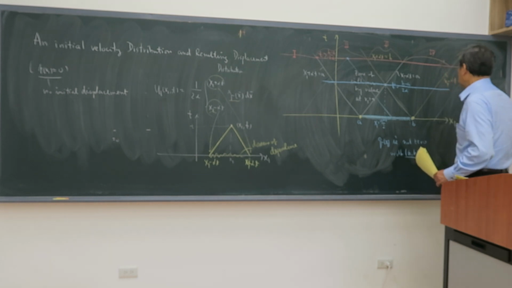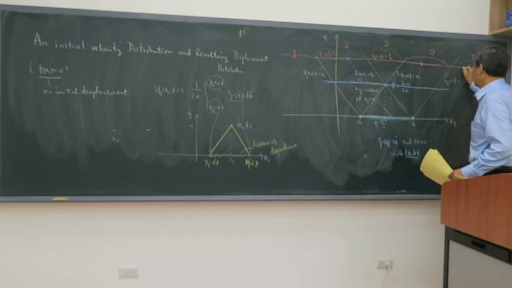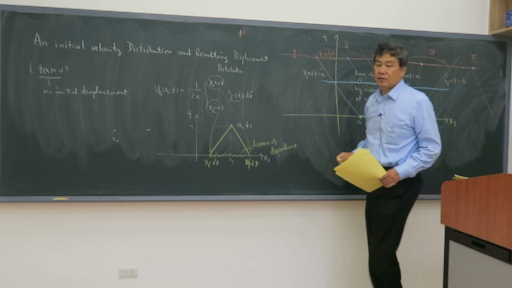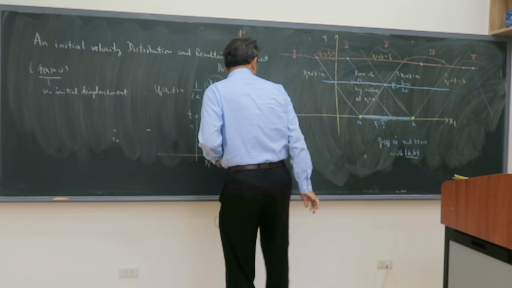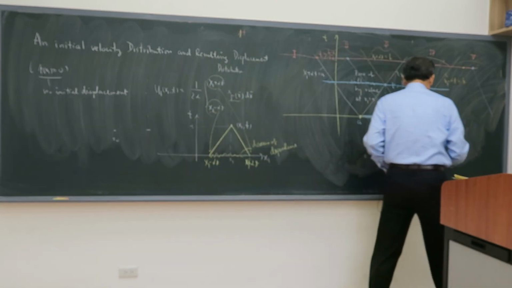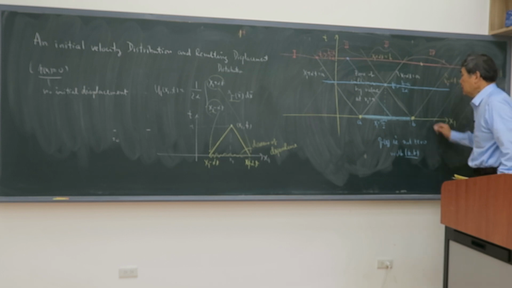So you have different x1 t value at these 5 intervals at any point. So after you got this concept, that's why this is very important.